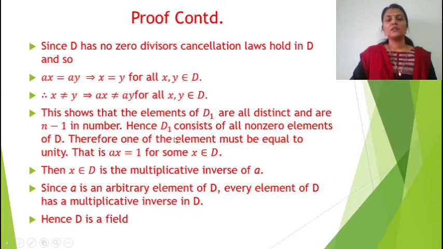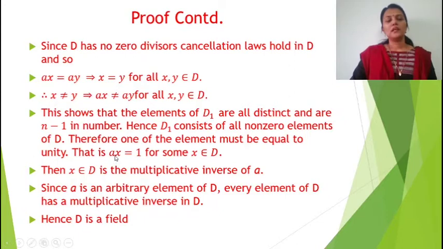This shows that the elements of D1 are all distinct, n minus 1 in number. So the zero element is excluded and all other elements of D are there in D1. Hence, D1 consists of all non-zero elements of D. Therefore, one of these elements must be equal to unity.